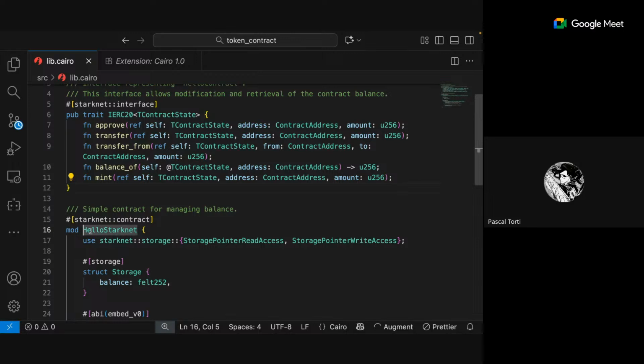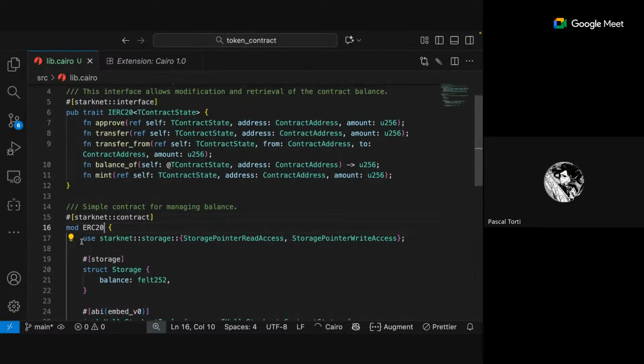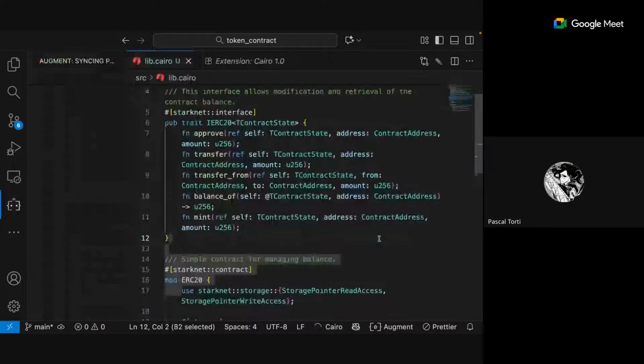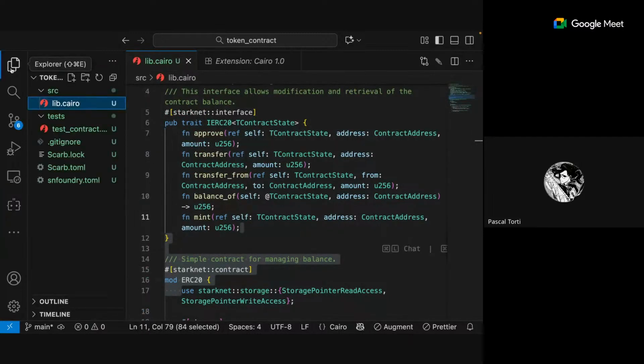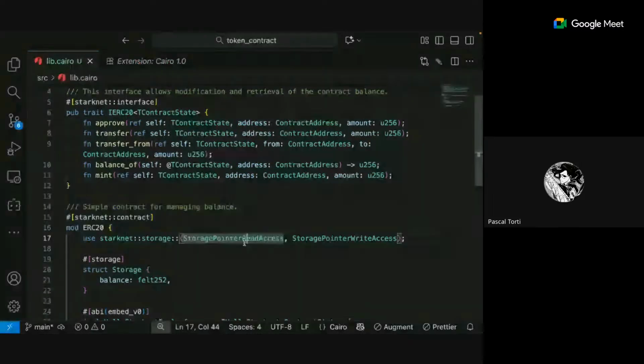So let's first change this from hello Starknet to your contract. We are going to use this; we need it for storing values into the storage.